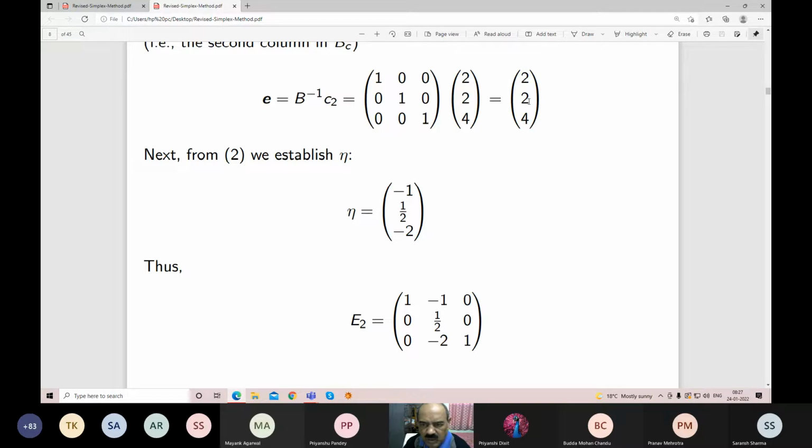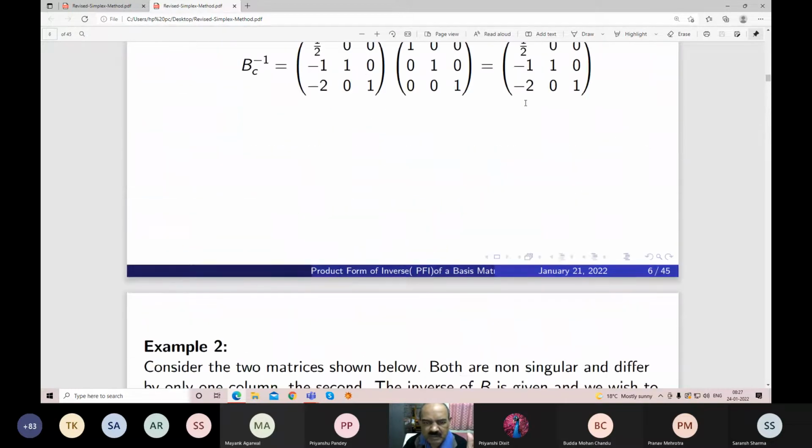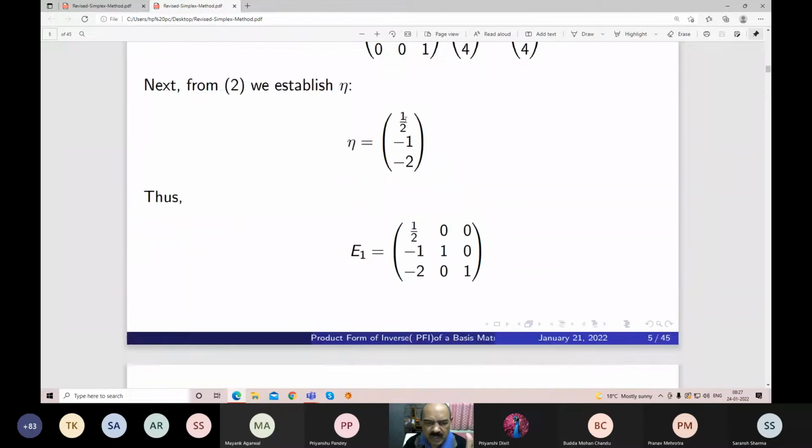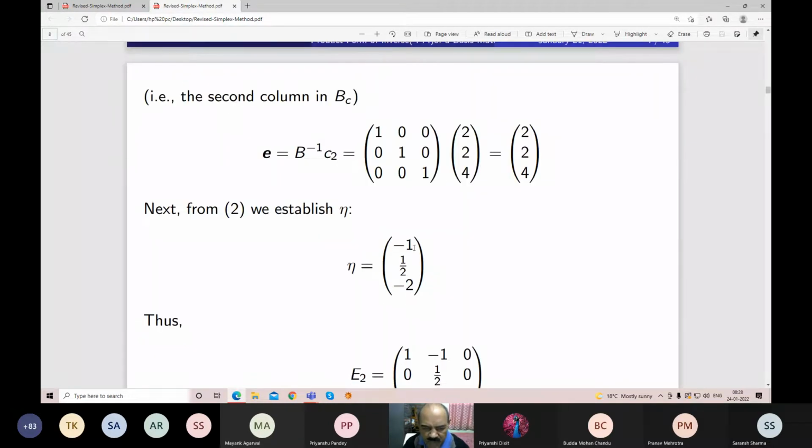E2 cannot be 0, it is non-zero, because for the second column we are pivoting at the second element. With the first column, earlier we were pivoting at the first element, and our eta was half, minus 1, minus 2. Now it is something different: minus 1, half, minus 2.